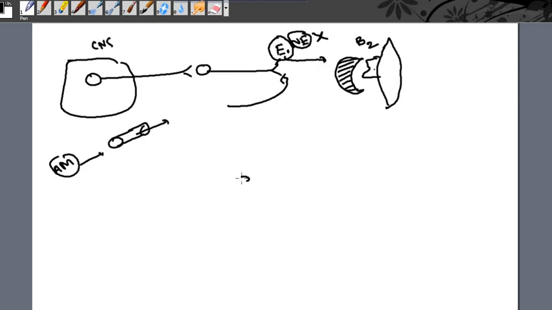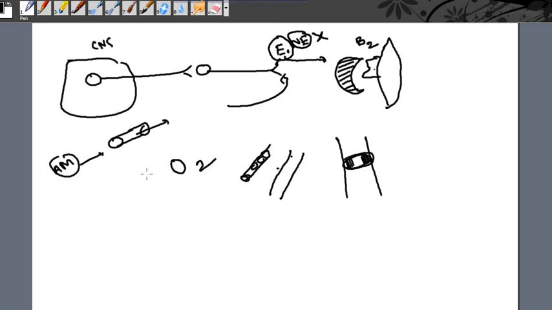So what will happen? The bronchi and bronchioles will be extremely narrow. Already they are narrow, and now by giving beta blocker, you make them further narrow. So what will happen?